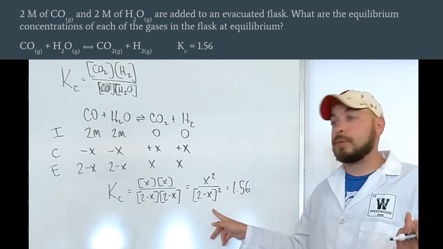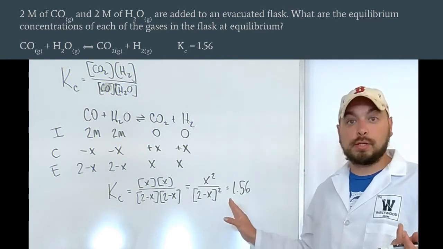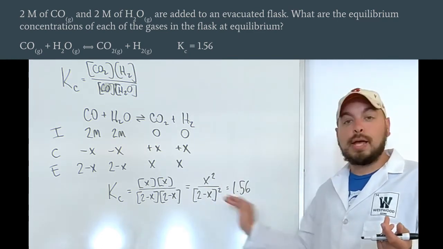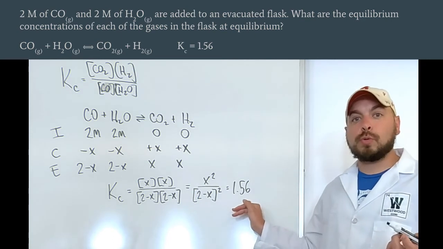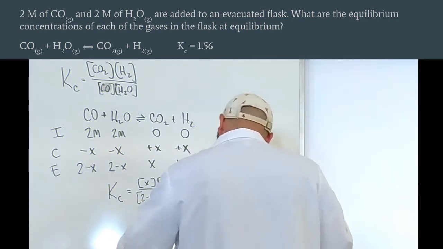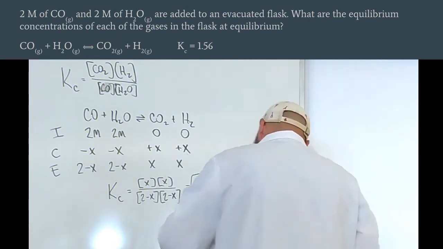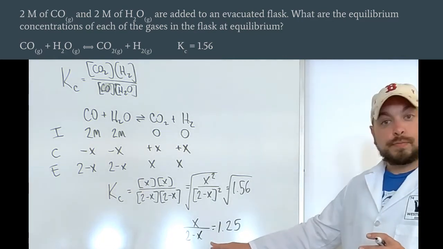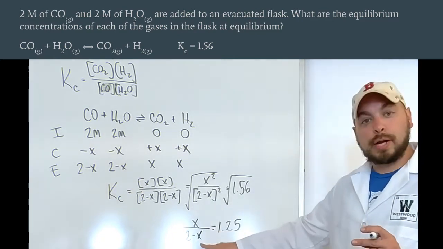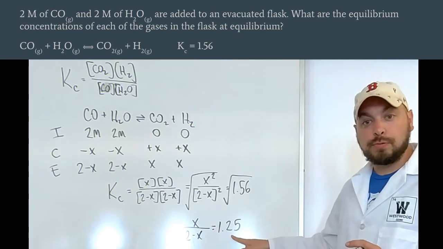What I'm going to do is take the square root of both sides, and the Kc, and as a result we get X over 2 minus X is equal to 1.25.